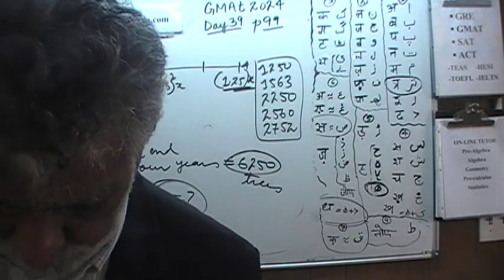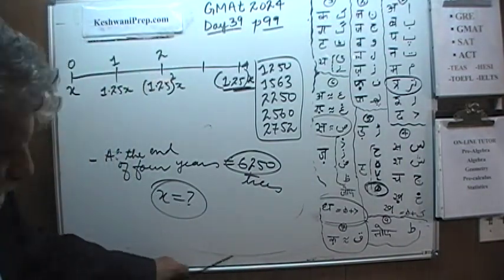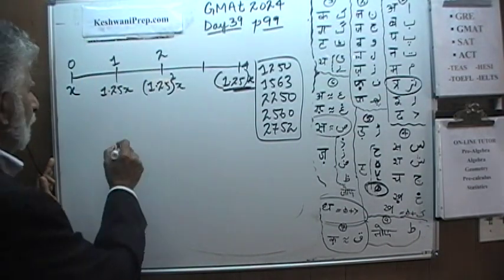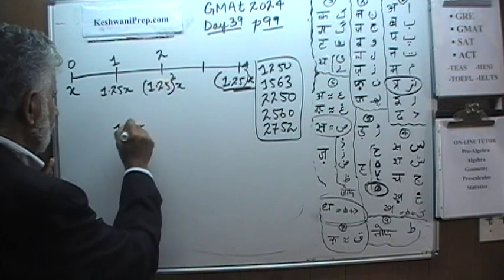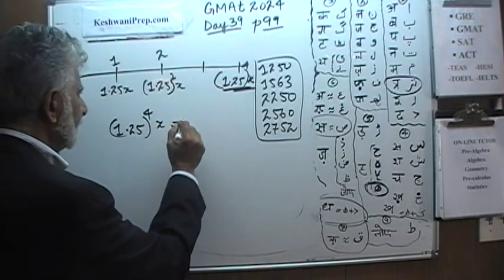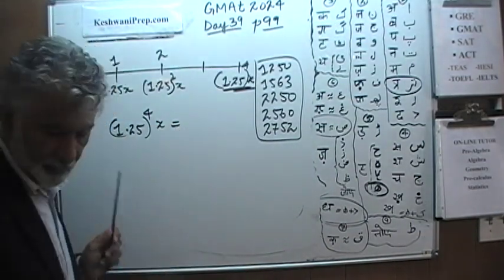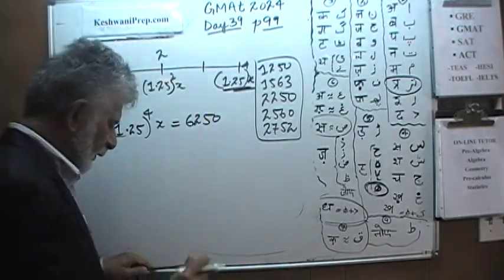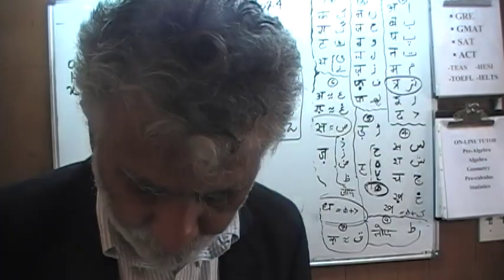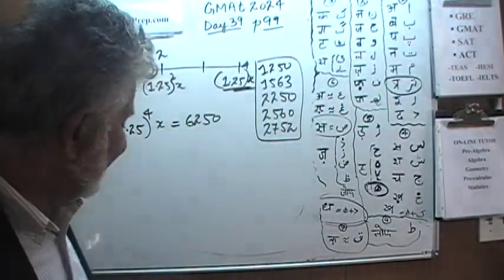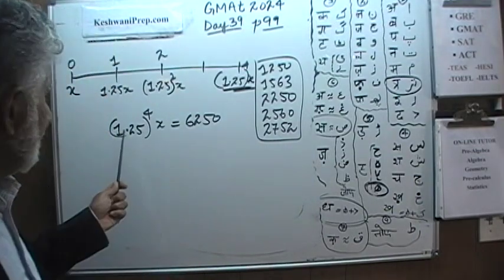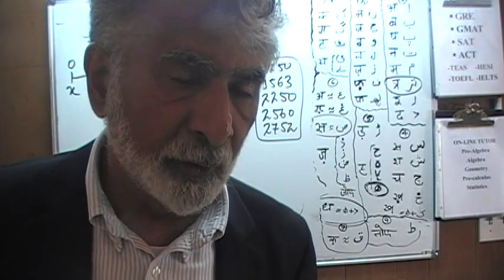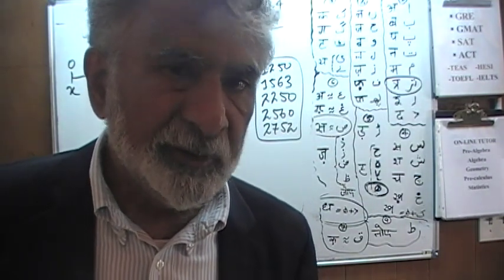All you have to do is solve this equation. 1.25 raised to 4 times x equals 6250. The key here is to understand that if you were to leave this quantity in the form of a decimal, it will make your life miserable to try to figure out 1.25 raised to 4. Be smart about it.